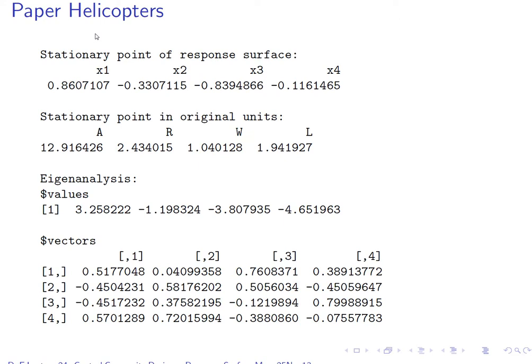And again, this is 4 dimensions, so think about what we're looking at. Now you know that we're interested in maximizing the flight time, so you can probably guess without too much trouble that the stationary point is going to be where the maximum is.